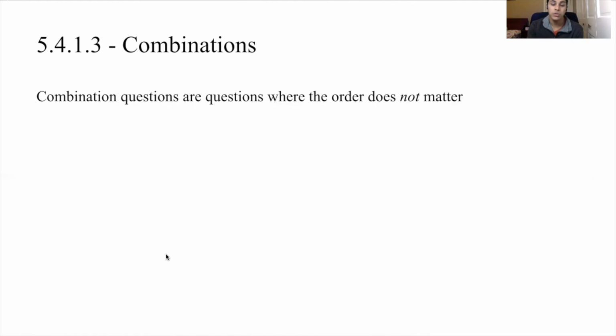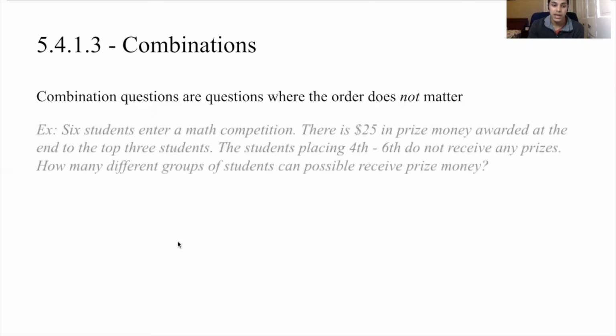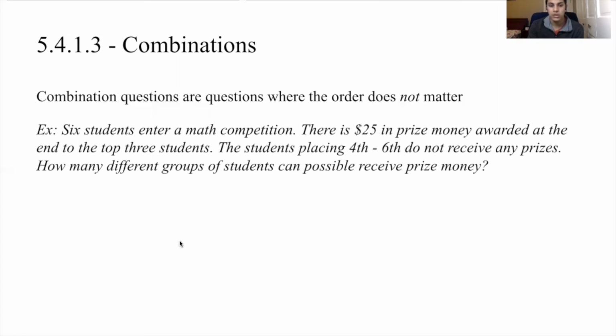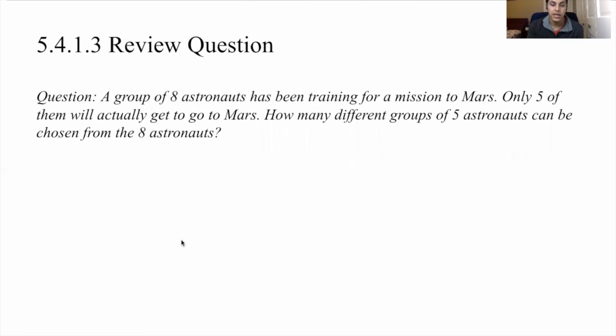Then we talked about combination questions, the other main type of combinatoric, and that's where the order of your choices does not matter, unlike permutations. And from this, we derived a formula similar to the permutation one, where we had n factorial divided by n minus k factorial times k factorial, where k factorial is also in the denominator, in order to figure out our total combinations.